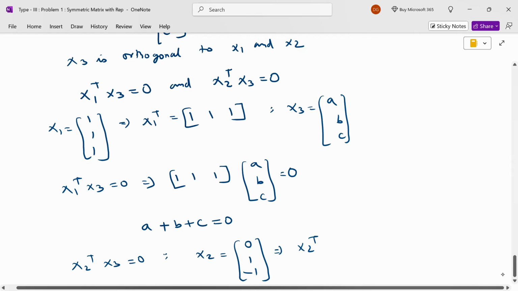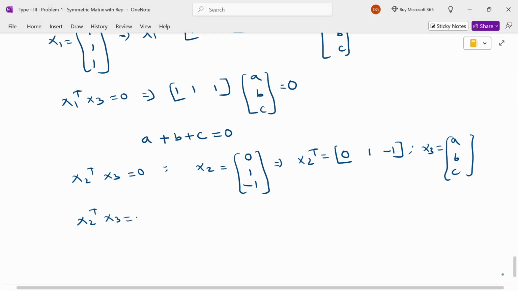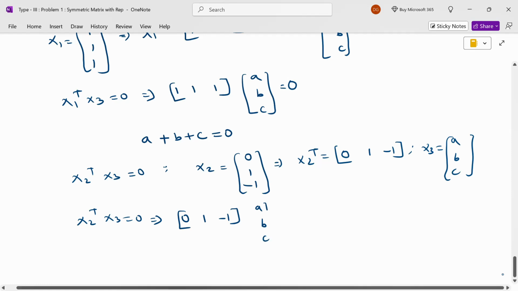Then x2 transpose, changing column to row, is 0, 1, minus 1. Then x3 is a, b, c. Therefore x2 transpose x3 equal to 0 is nothing but 0, 1, minus 1 times a, b, c equal to 0. Row into column, so 0a plus b minus c equal to 0.